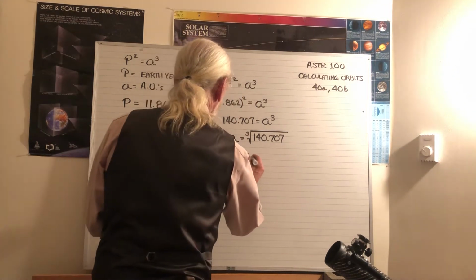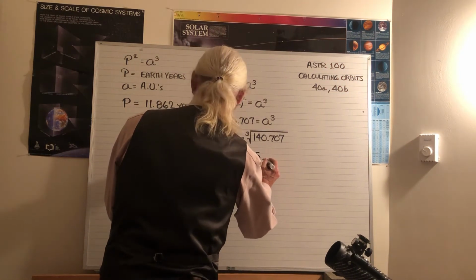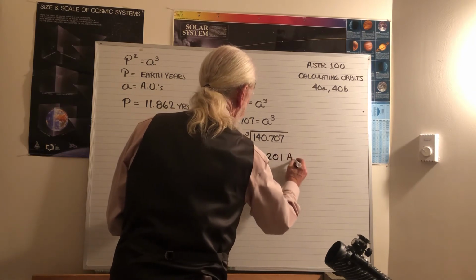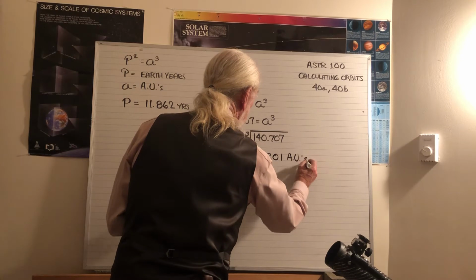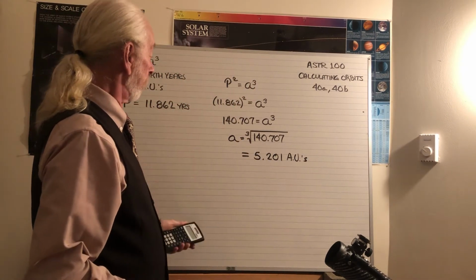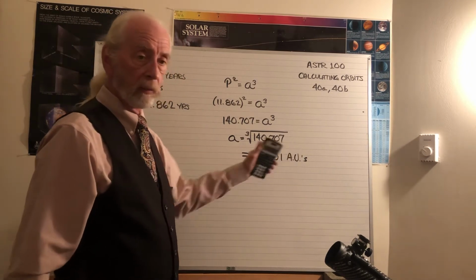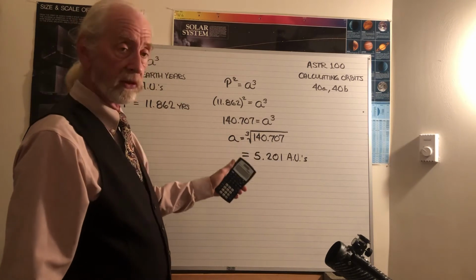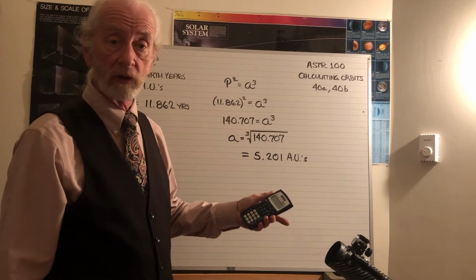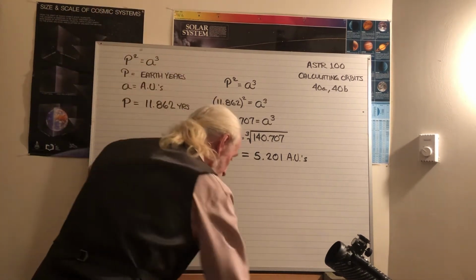And I get 5.201 AUs. And you can check that in your book. Jupiter averages 5 astronomical units from the Sun. Jupiter is roughly 5 times the distance to the Sun that we are. All right, so pretty straightforward. Let's try another example.